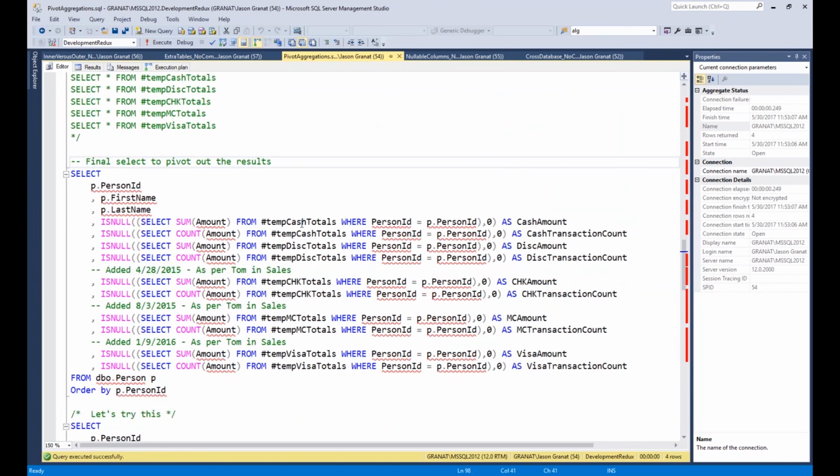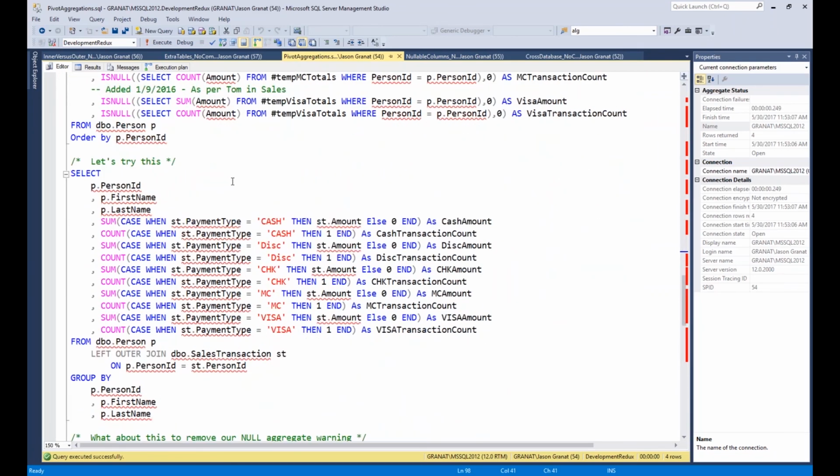So one of the ways that you could try to get around that is to use a sum or a count with a case statement inside, so we can set the appropriate payment type, so we can get things like cash amount or Discover amount.